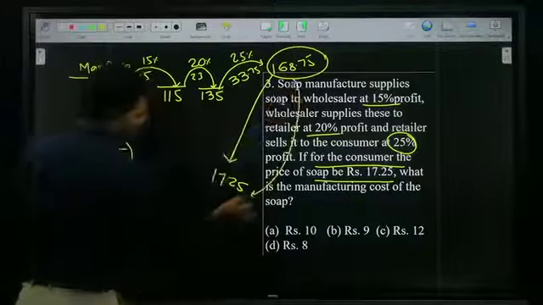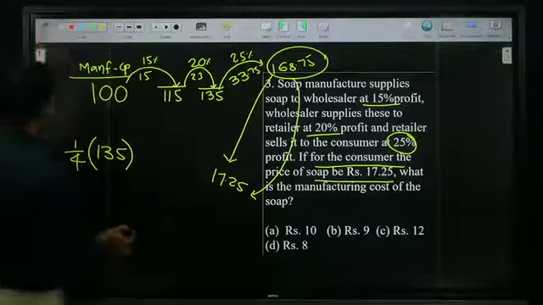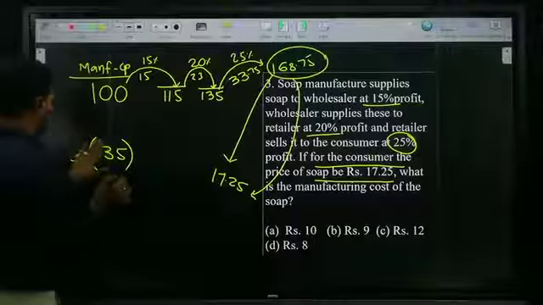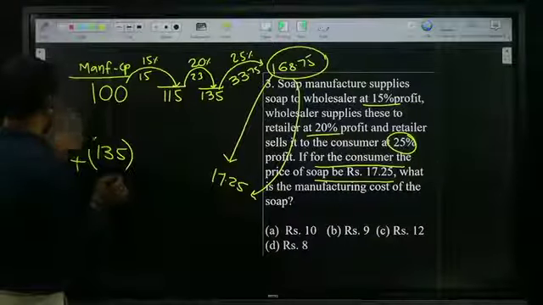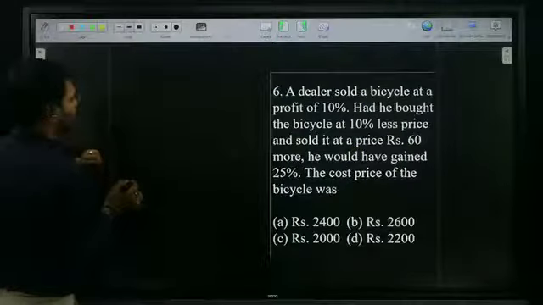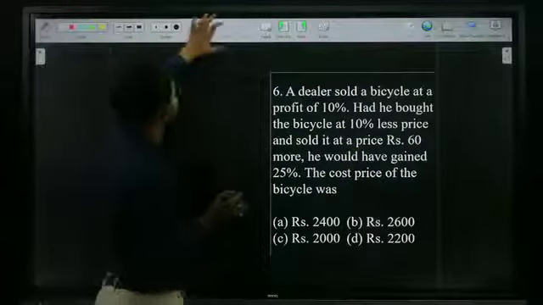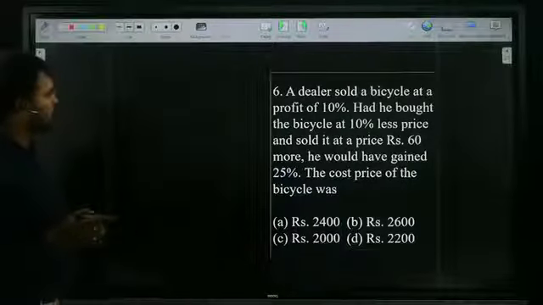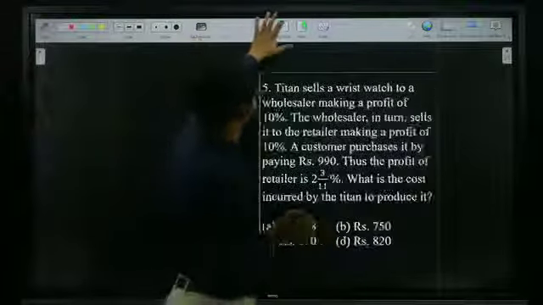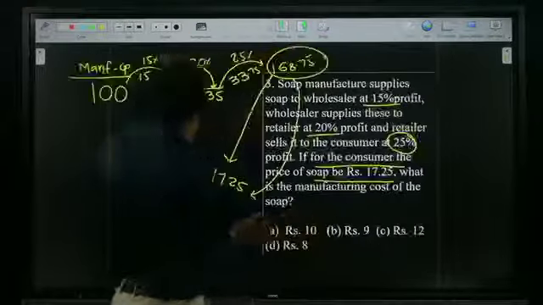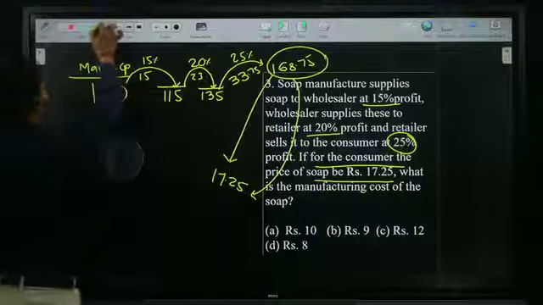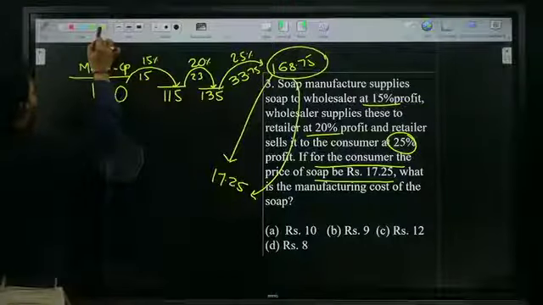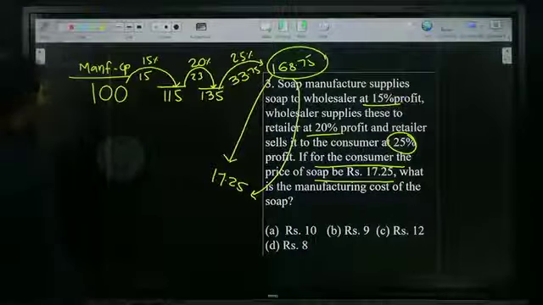How many times does it go? So that many times it goes.